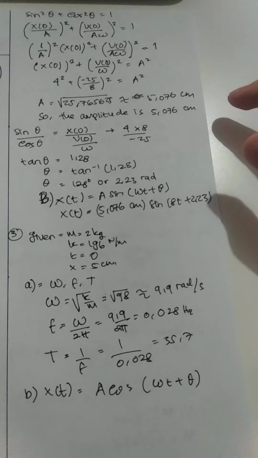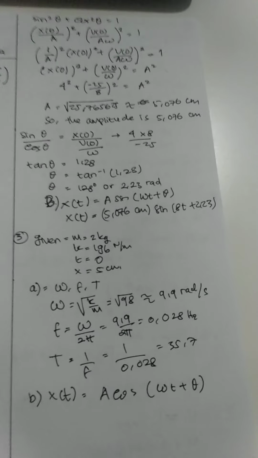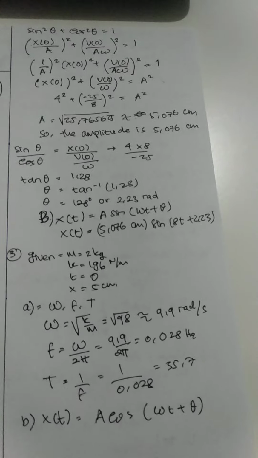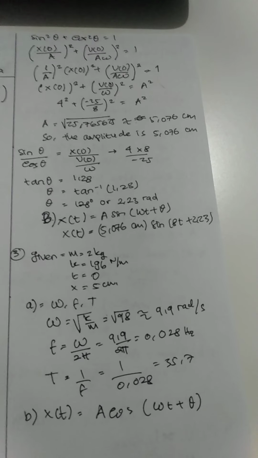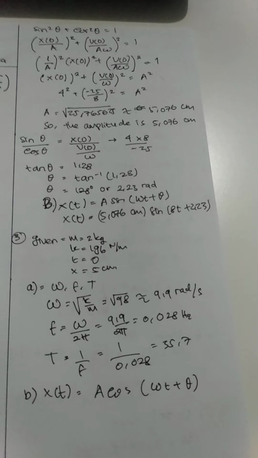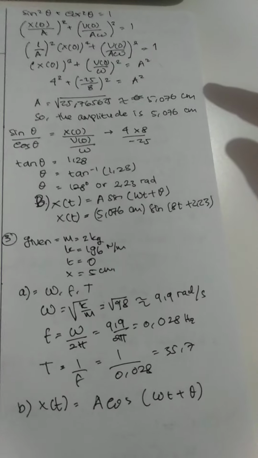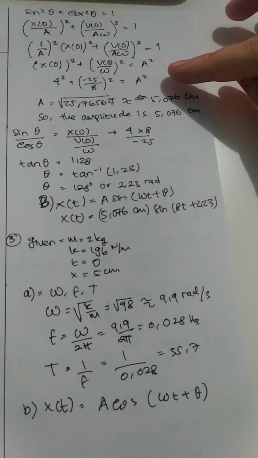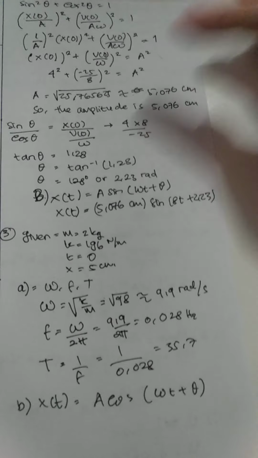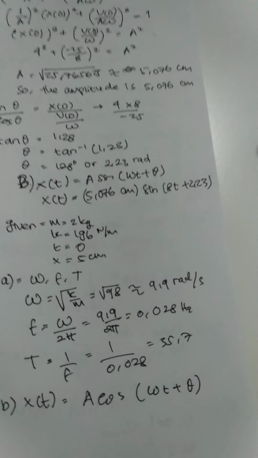So this is the second equation. After that, we must square both of the equations. We got the trigonometry identity: sin square theta plus cos square theta equals 1. So we got the result for the amplitude square, and for A we must take the root.